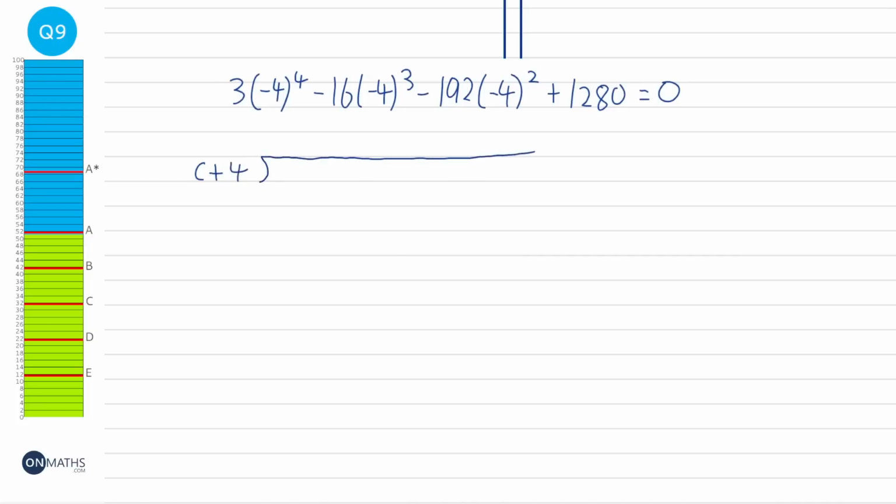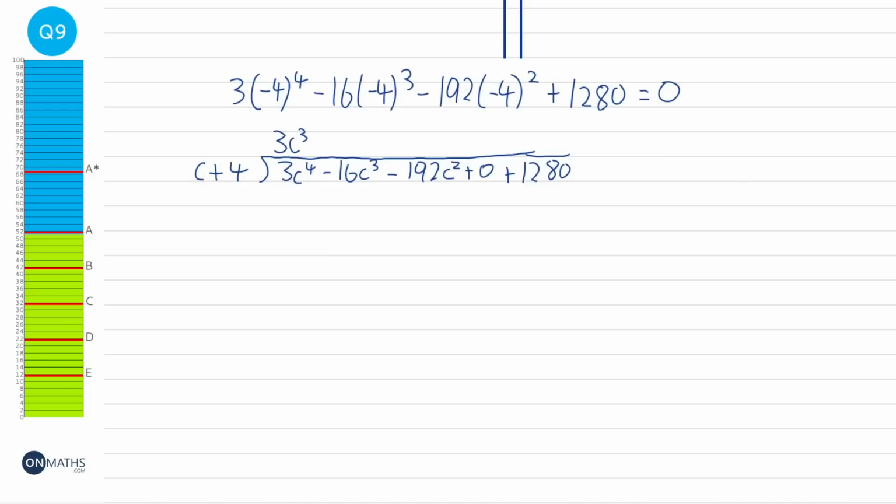Divide it out, so 3c to the power 4 minus 16c cubed minus 192c squared. There's no c term, so what we're going to do is just plus 0, then 1280. Okay, so we divide the first term by c, so we end up with 3c cubed.